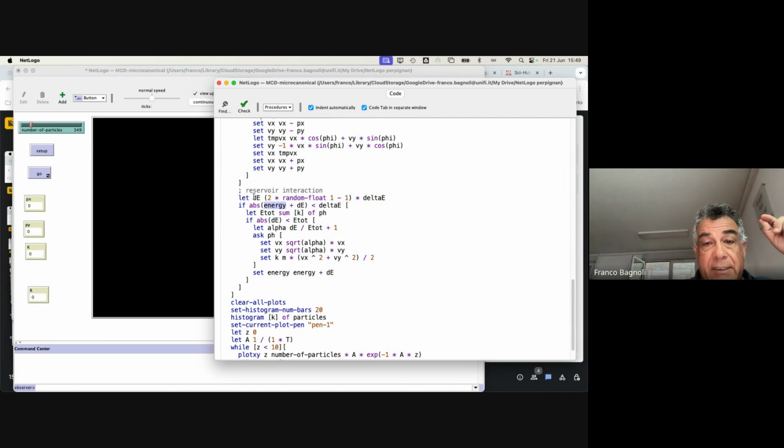I sum this, and this can be positive or negative. If they are not below minus delta E nor above delta E, I accept this. So I try to accept these changes.